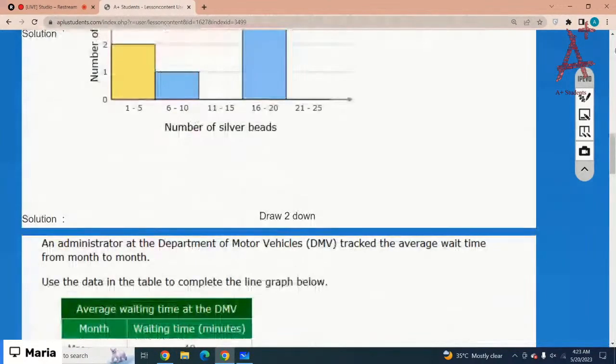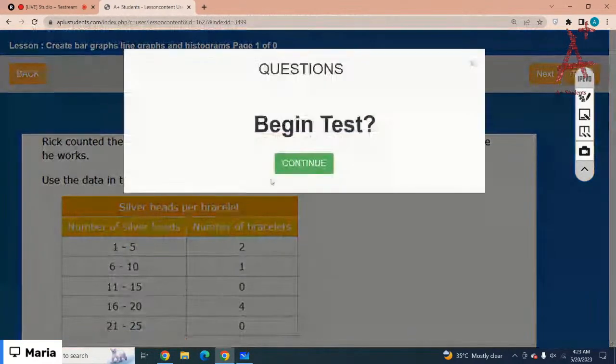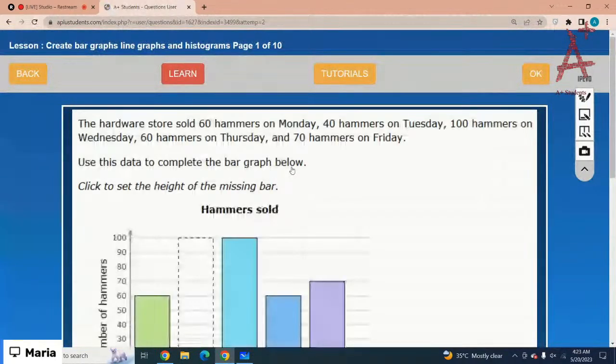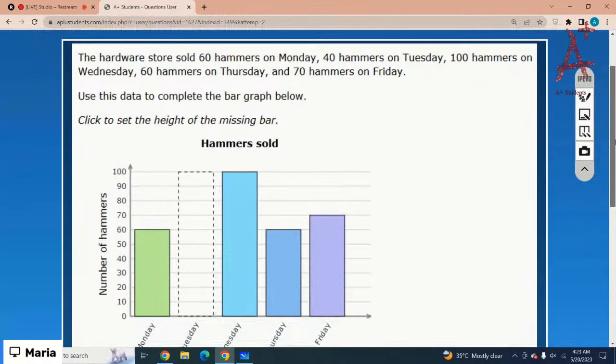Let's just start with the test questions. The hardware store sold 60 hammers on Monday, 40 hammers on Tuesday, 100 hammers on Wednesday, 60 hammers on Thursday, and 70 hammers on Friday. Use the data to complete the bar graph. On Monday, 60.